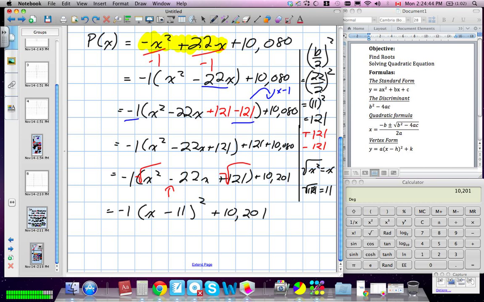That's a high vertex. It's a very high vertex. So what this says now, here's our h term and our k term. We're in vertex form. If they sell 11 of whatever units they're selling, they'll make $10,201.